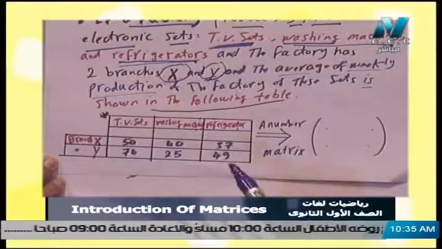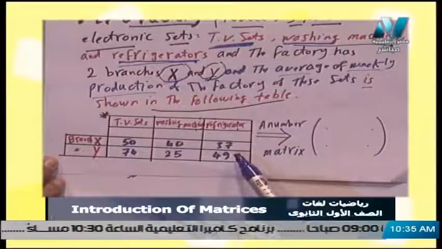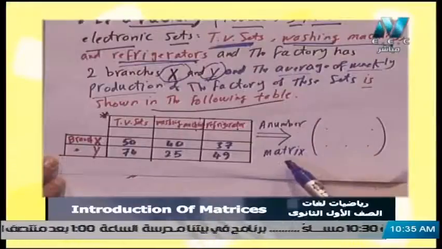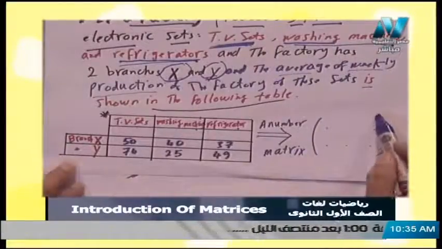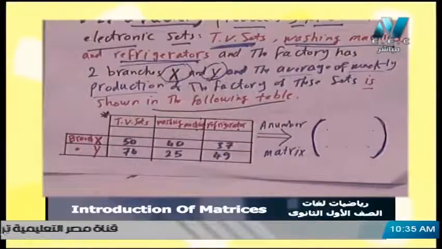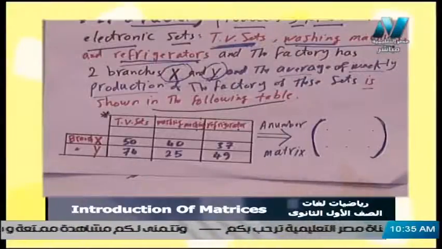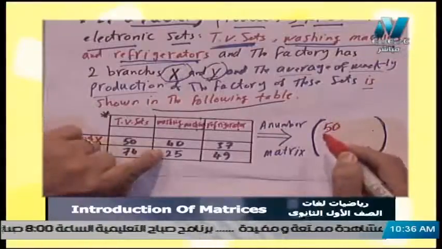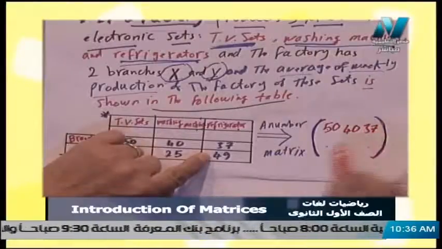We would like to express this data in an easier way, which is a matrix. We have here two parentheses, like that, and we write these numbers as follows: here 50, 40, and 37.